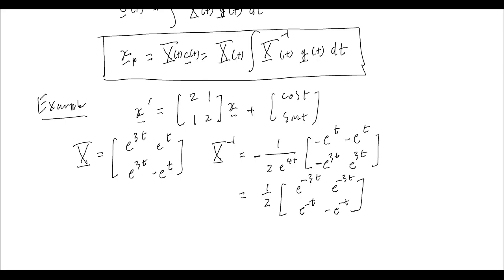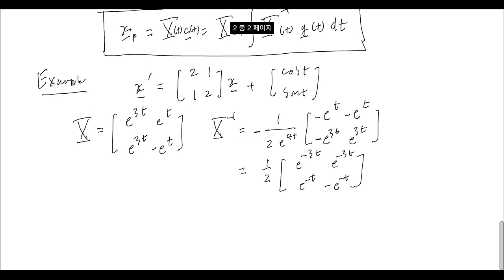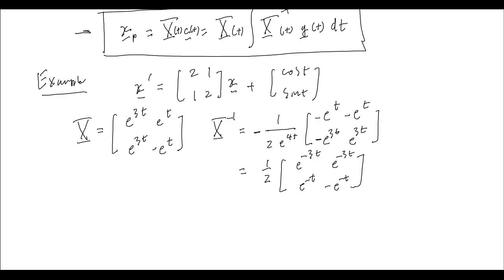Then we can get XP using this formula, where we know all the information. So let's multiply g of t right away here, that is, cosine t and sine t.